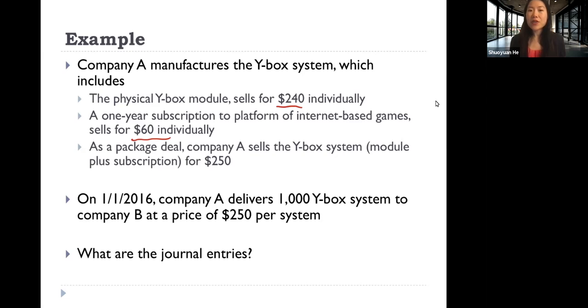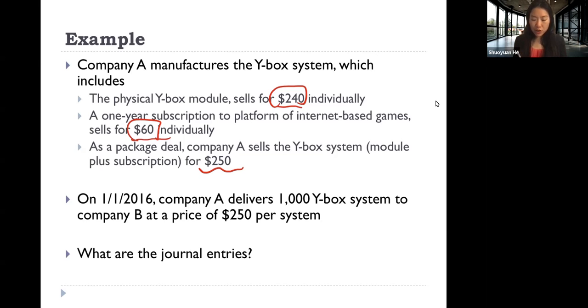As a package deal, company A sells the white box system for 250. So company A is selling those 2 as a bundle, and the price is 250, even though if company A is selling them individually, it is selling them for 240 and 60.